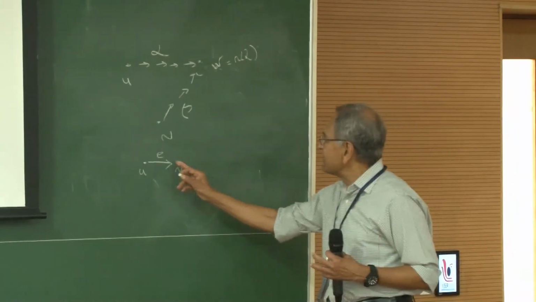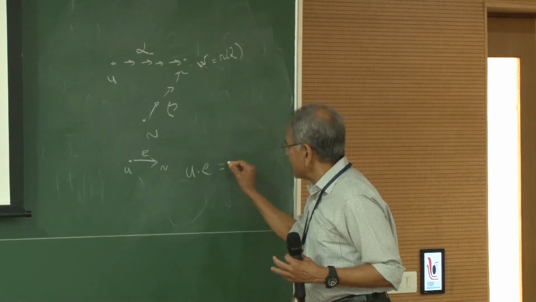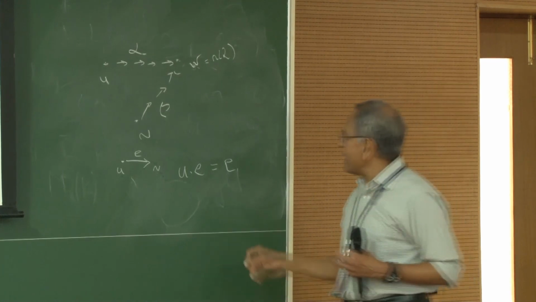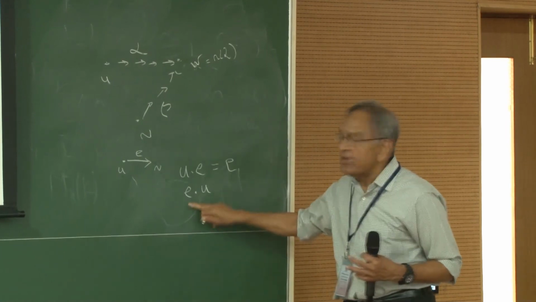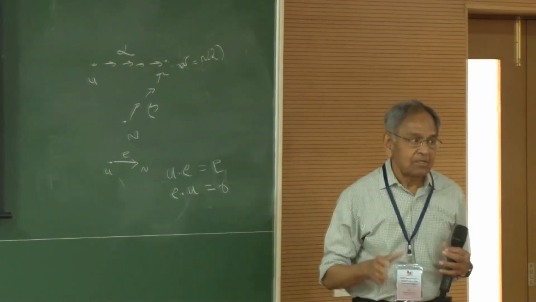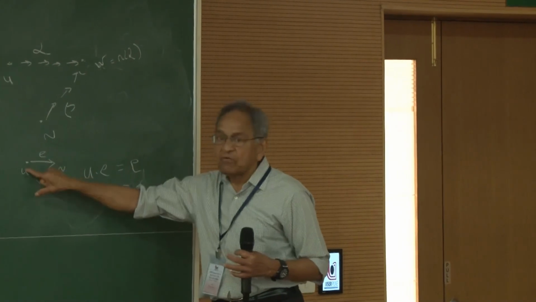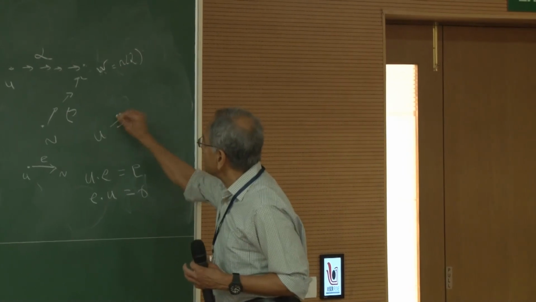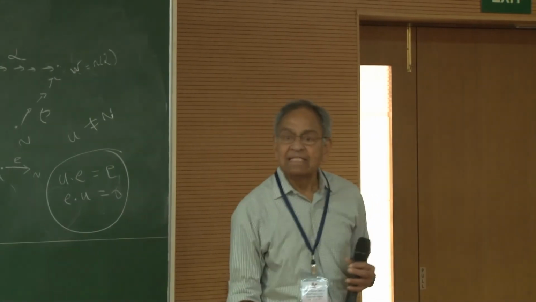You see that u times e, by our defining relation, is e. On the other hand, e times u, because u is not the range vertex of e, will be 0. So if you have one edge where the range vertex is different from the source, then necessarily u times e is not equal to e times u, so the algebra is not commutative.